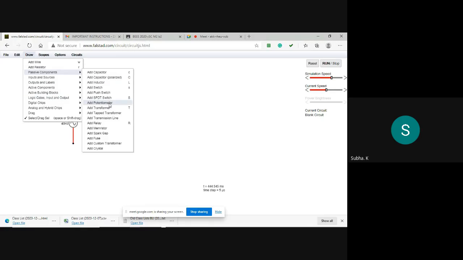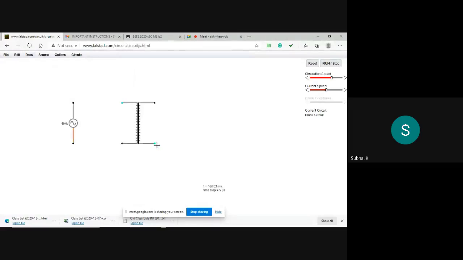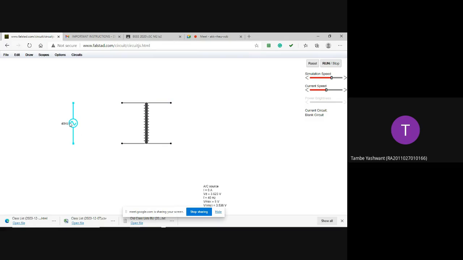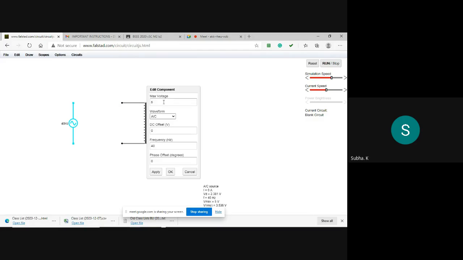You know how to change the turns ratio, isn't it? How will you change the turns ratio? It is there in the edit option. So I want to change this to 230. I will fix up 230.